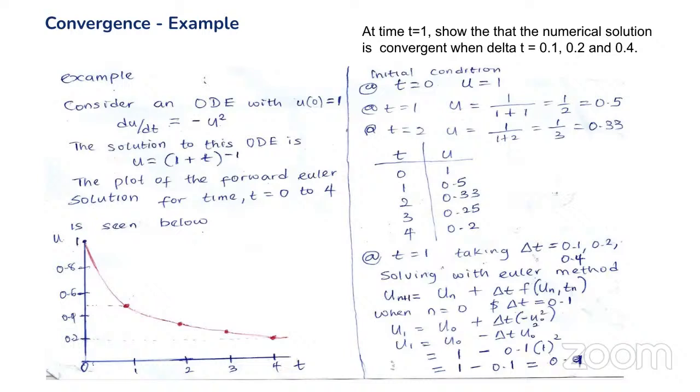Using the Euler method, the next step is un plus 1 equals un plus delta t times the function of un and tn. If we input our values at this iteration step, n equals 0, and delta t equals 0.1, we find the solution for u1, the next step, which is 0.9. So, the next slide please.